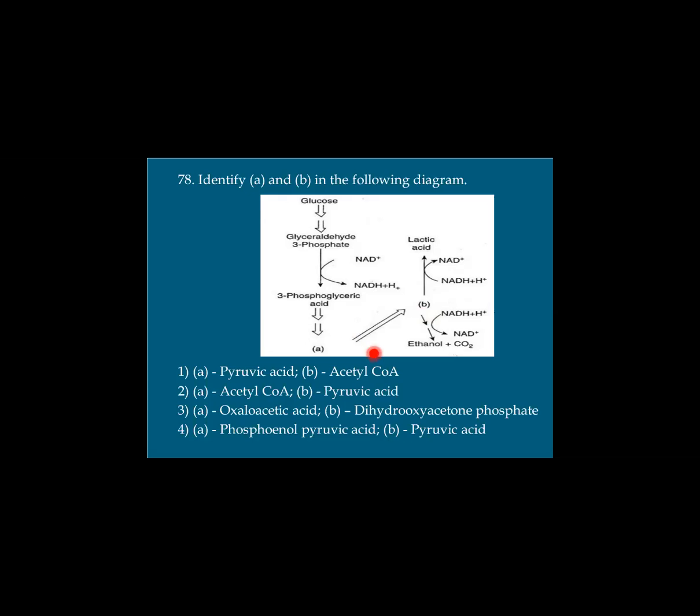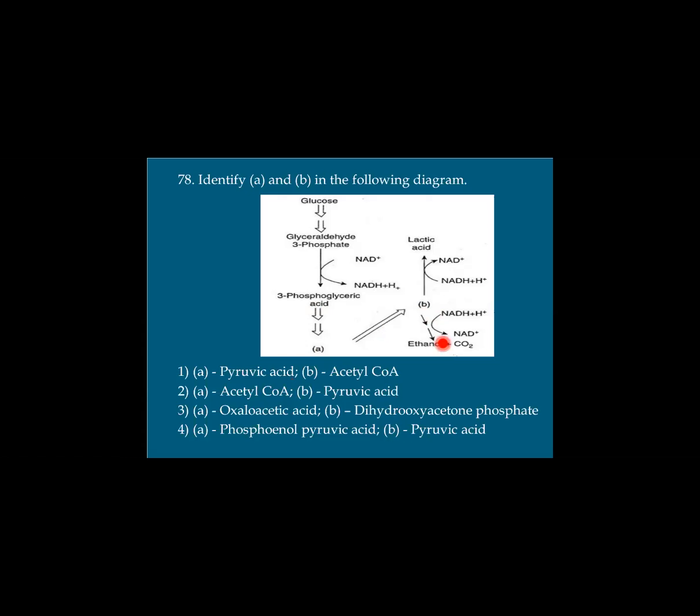So A, 3-phosphoglyceric acid converting into A, A is converting into B. Yes, A is converting into B. So something is converting into pyruvic acid. So B is pyruvic acid here. 100% B is pyruvic acid. What is A then? 100% A should be the prior compound, that is phosphoenol pyruvic acid, PEP. A is PEP, B is pyruvic acid, and there are two steps here that you must also know.